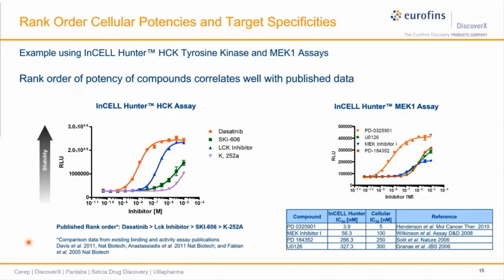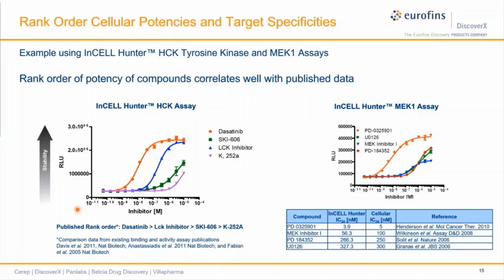These experiments each evaluated 4 inhibitors on either of 2 protein kinases, HCK, a Src family kinase on the left, and MEK1 on the right, using InCELL Hunter cellular target engagement assays.